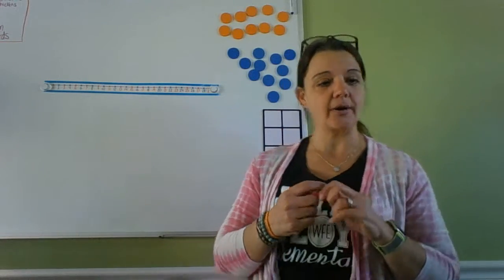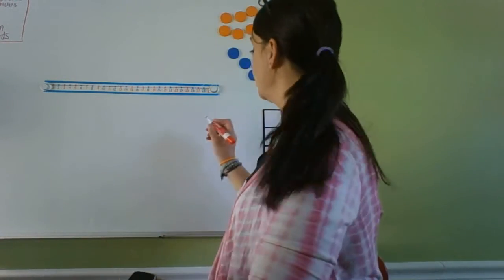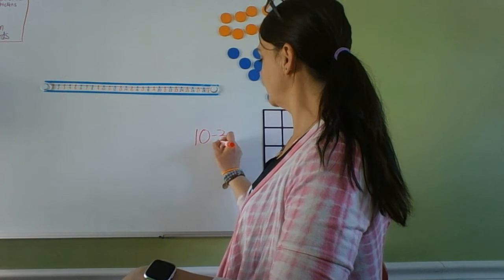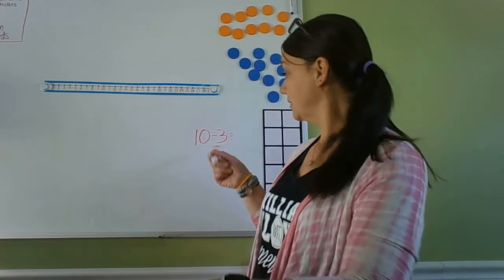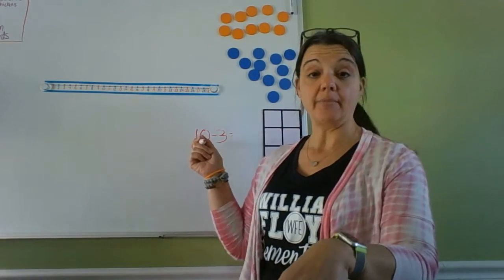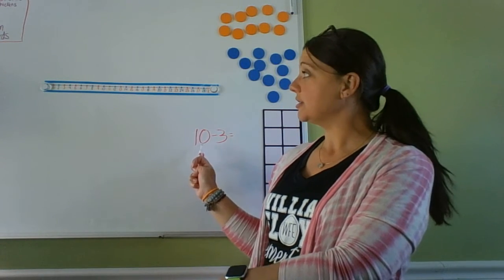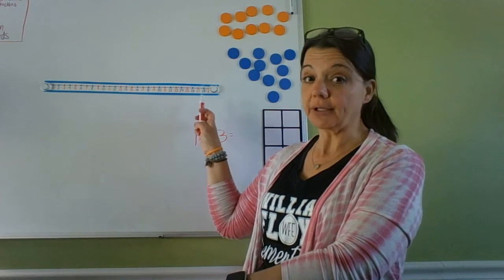So let's start with the problem we have here: 10 minus 3, right? Or 3 less than 10. In order to figure out this problem, you are all going to be getting a number line.